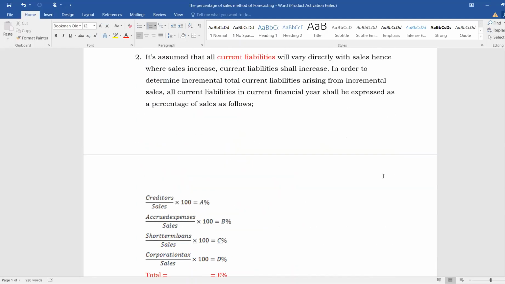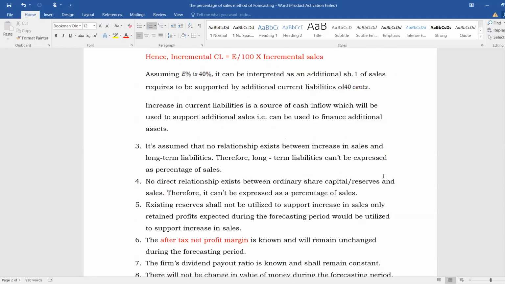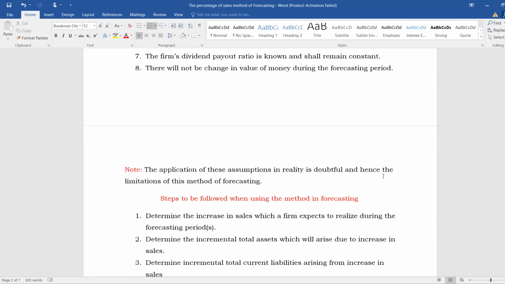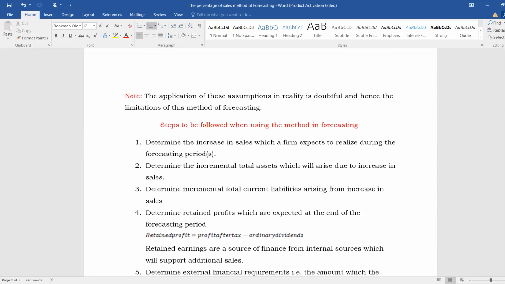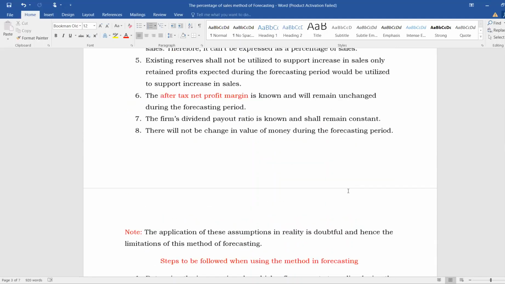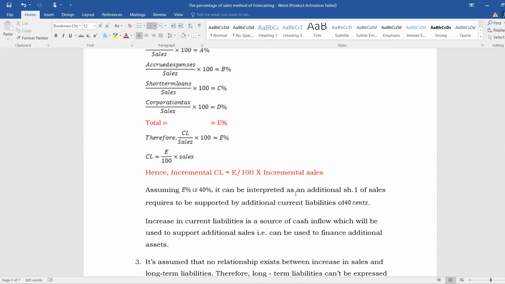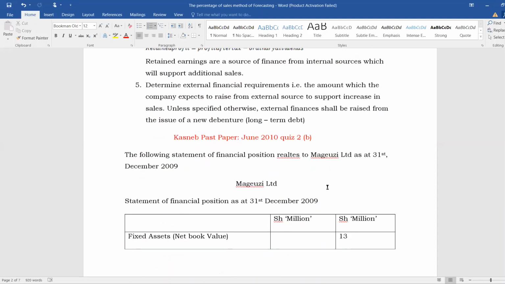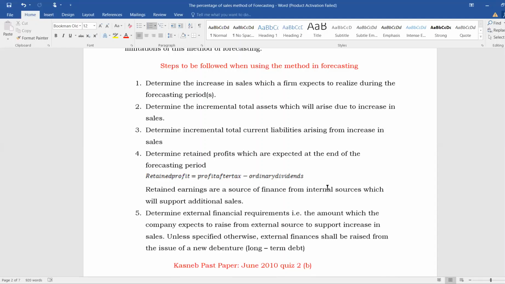That is the second step. Then determine the incremental current liabilities that will arise from the increase in sales, and that's why I've given you this relationship again. Incremental current liability is E% times incremental sales. We shall find the incremental current liabilities.